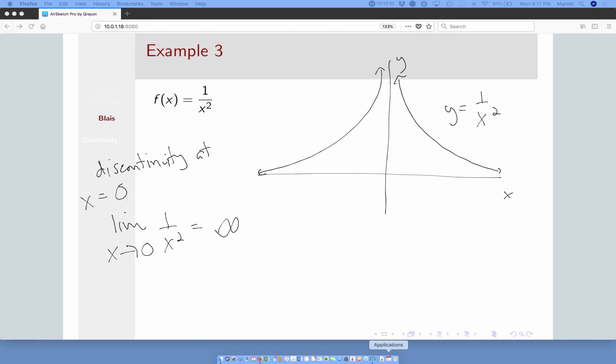And remember, when we say a limit is infinite, that is a characterization of a type of limit that doesn't exist. We often write it this way. But what we really mean when we write this is that this limit doesn't exist, but it has this unbounded, infinite behavior, this asymptotic behavior near 0. So because of this, the function has a discontinuity at x equals 0. And again, this would be another example of what we had just called an infinite discontinuity.